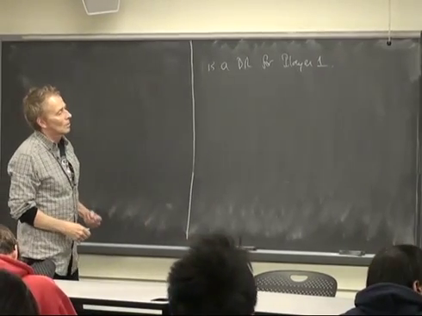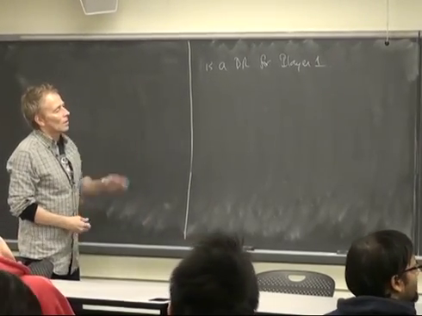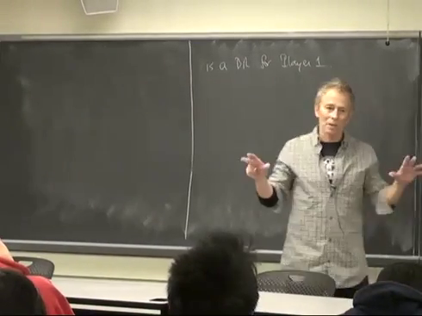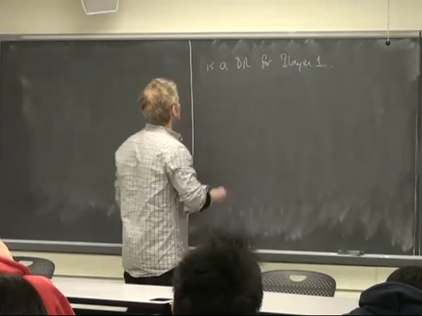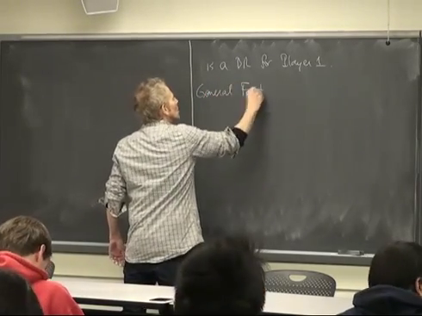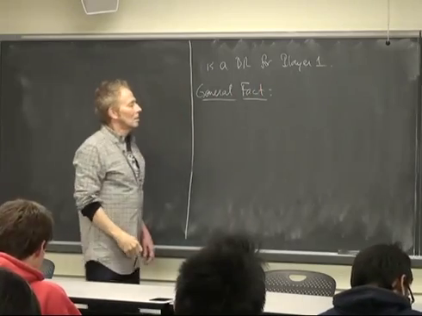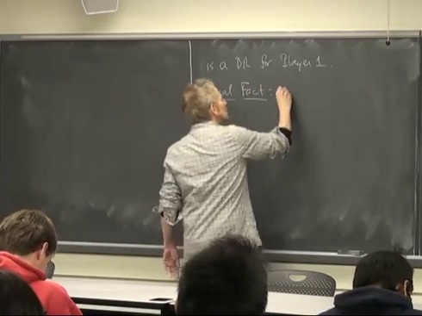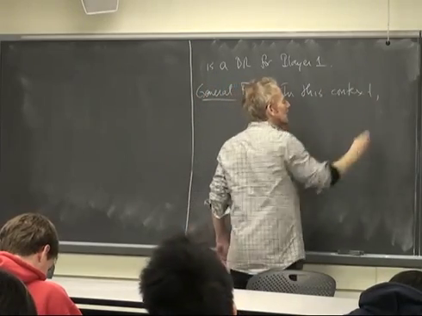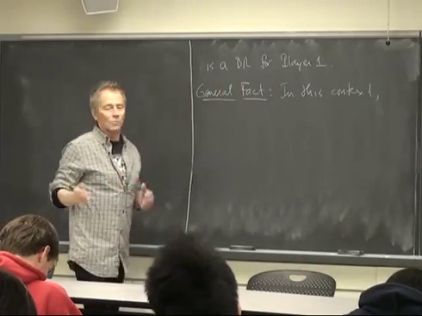Now, the pattern that's emerging here you can sort of see, and I want to state the general result. So here's a general fact. In this context, once again, and the proof of this is in the handout on game theory, but I'll wave my hands through one real quick here.